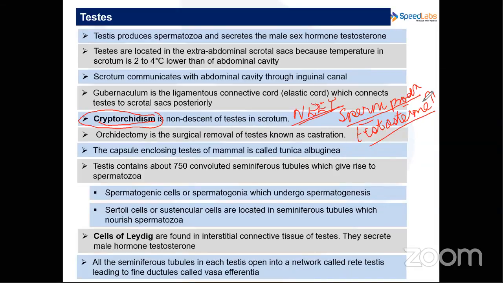Sperm production will be affected because the temperature is not proper for the development. But testosterone will be produced. Where is testosterone produced and who produces it? Testosterone is produced by interstitial cells, which are present in the testis.